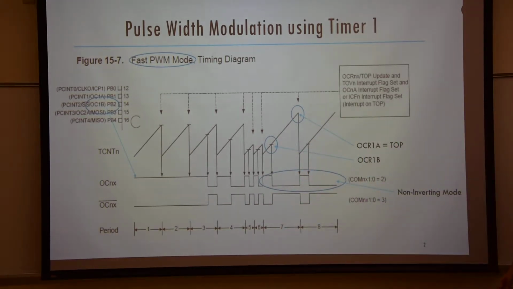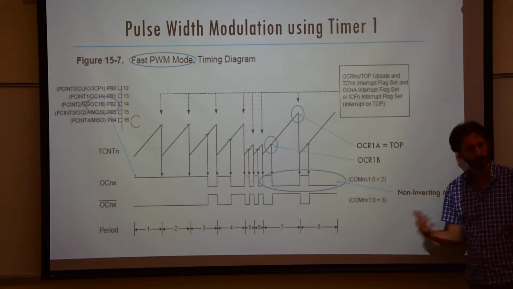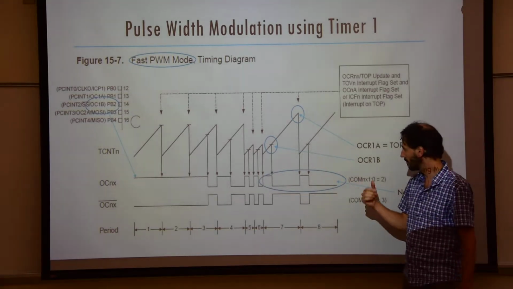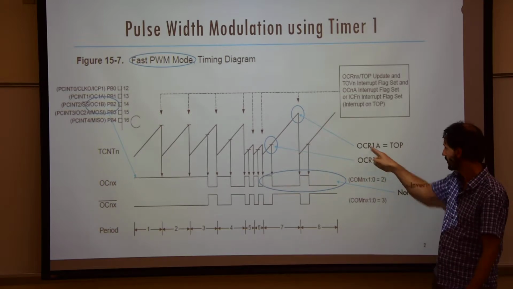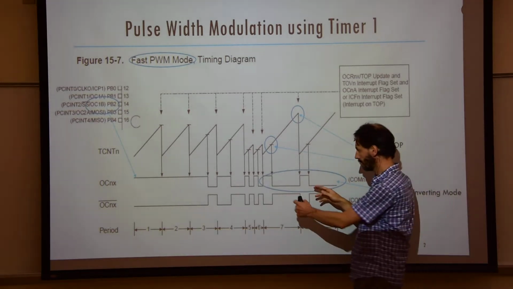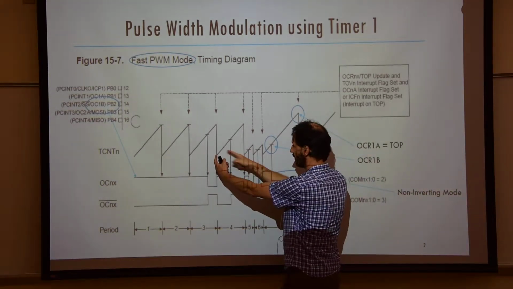So let's keep this structure in mind and then see how we need to program the different registers in order to make this happen. The main idea is that if you want to play music, for example, you will be able to change the frequency by changing OCR1A, which means the width of a sawtooth.